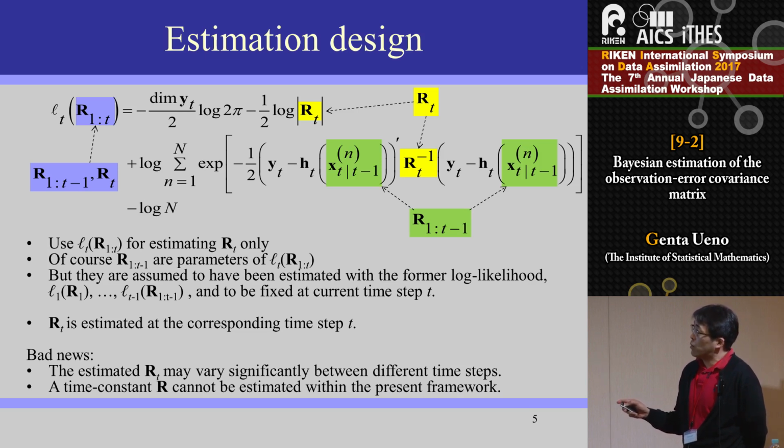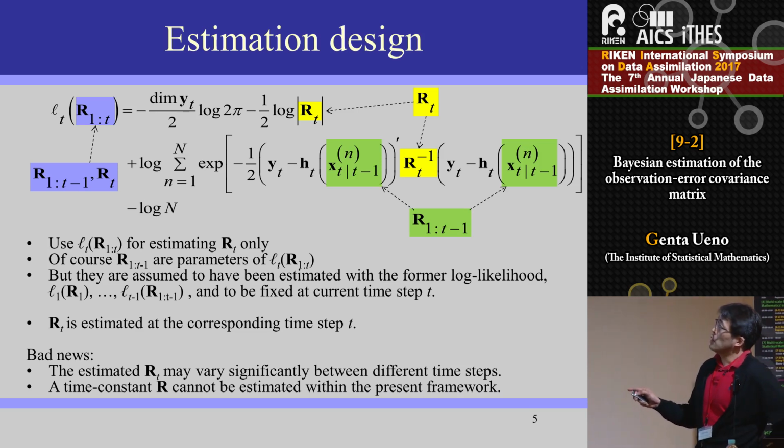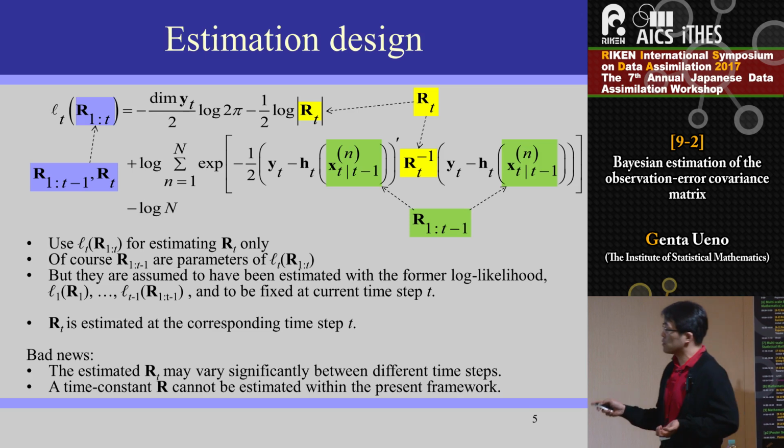The reason I decompose the set R1 to R_T into two terms is that on the right-hand side, R_T appears here and here as it is, but the dependence on R1 to R_{T-1} affects the right-hand side implicitly through the predicted ensemble, or forecast ensembles, like this.